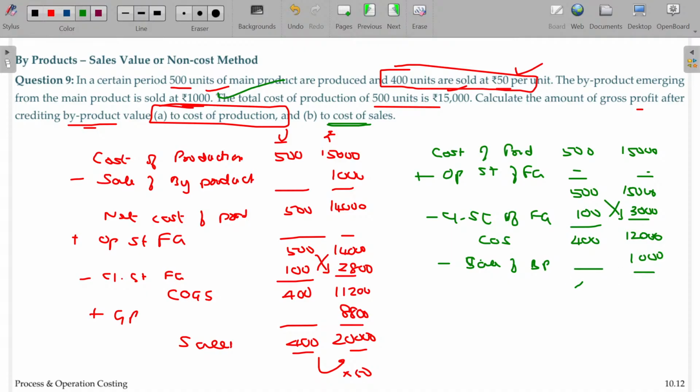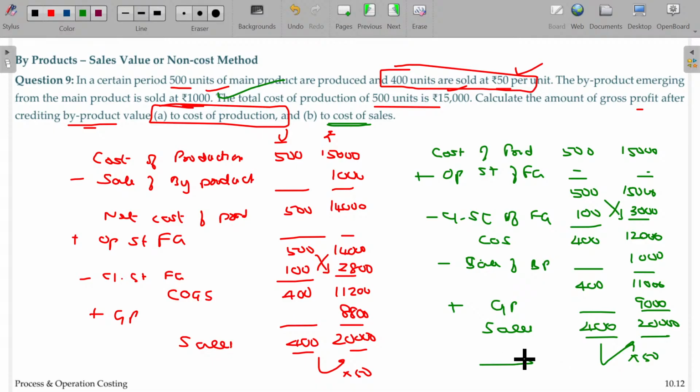So for 400 units, the value being 11,000. With that, you add the gross profit and you will get the sale value. 400 units sold at 50 rupees each, so the value being 20,000, your gross profit in this case being 9,000. These are the two methods we have.